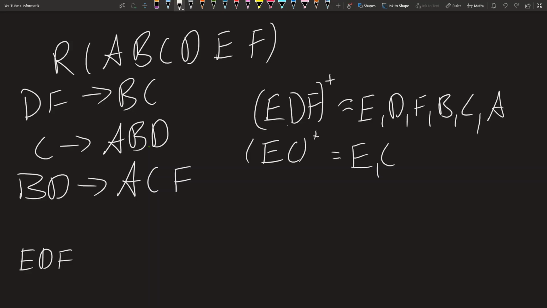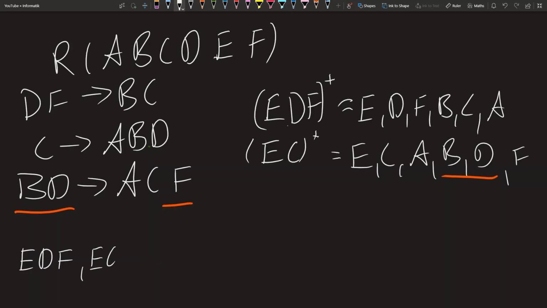And we also know that C is determining A, B, and D. So the only thing that's left is F. Now we can see we have B and D. B and D is here, and there is F. So we also can write down F. And that's everything. So EC is also a candidate key.